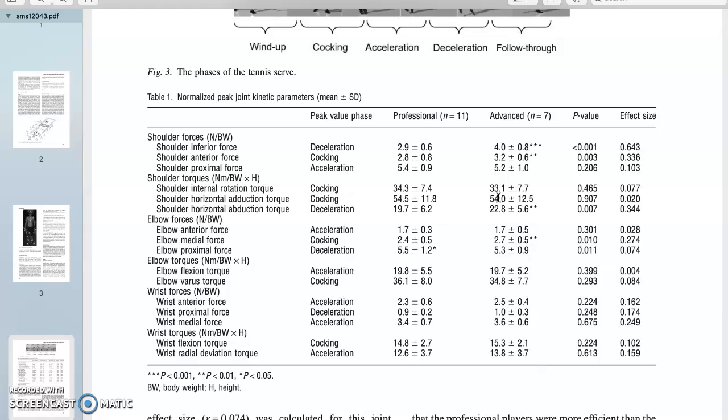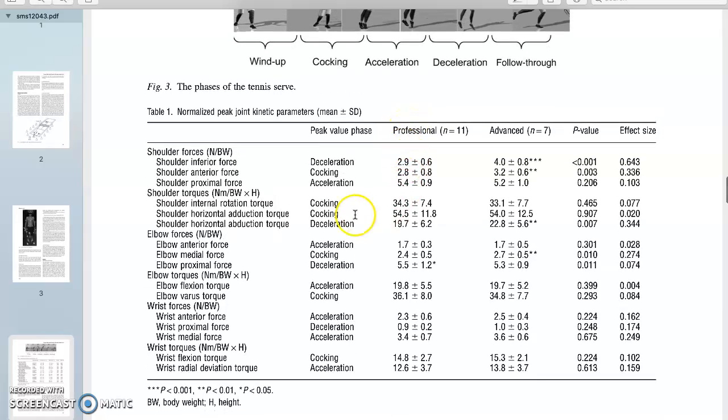Cricket's a fine example of that in terms of bowling or batting, but tennis is the same as well. So even though we're highlighting a specific movement and some evidence to suggest that some athletes may produce more force in certain phases or certain anatomical points of the movement, we're not saying that that is correct, okay?